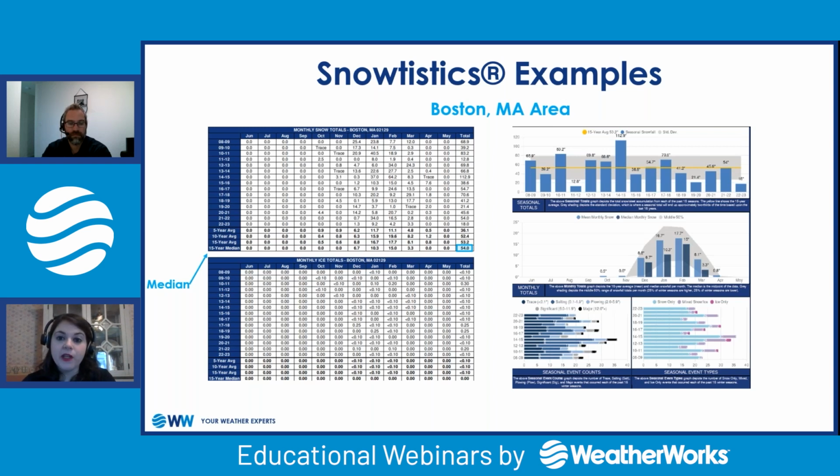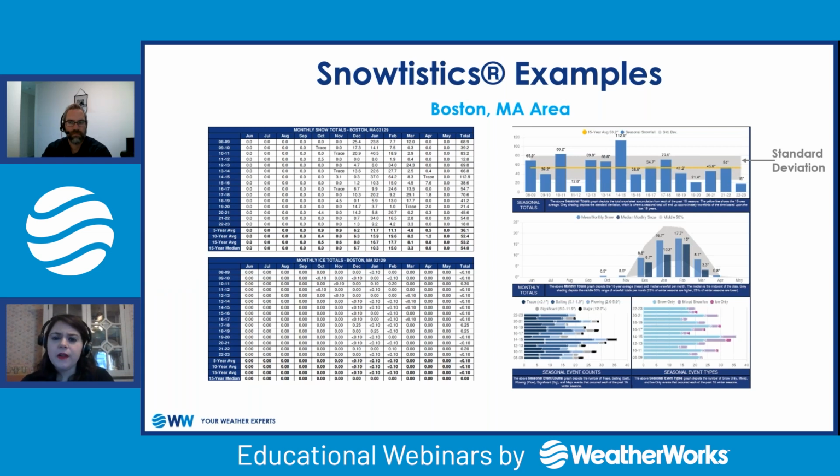Particularly when you're looking at a smaller data set, it tends to be more dramatic. When you look at a bigger data set, like a 15-year one here for Boston, you don't see as much variability. But it is important to take a look at that number and maybe lean more toward the median, to be honest, when constructing your contracts over averages.